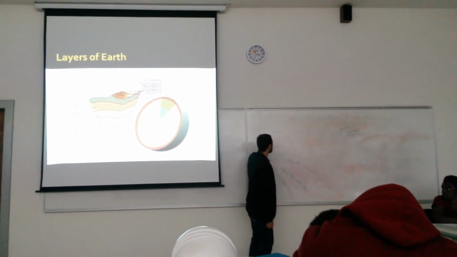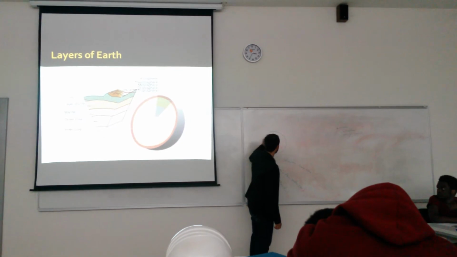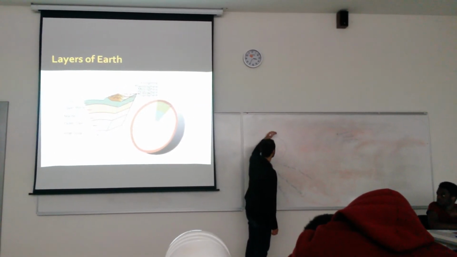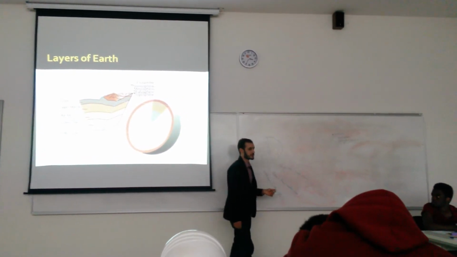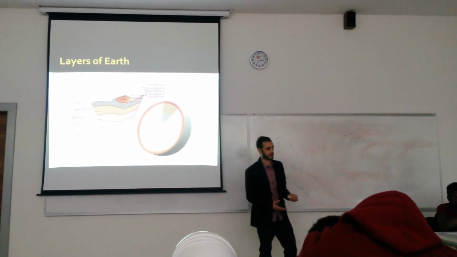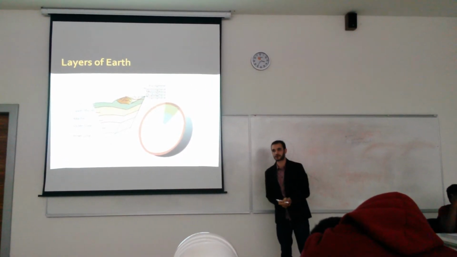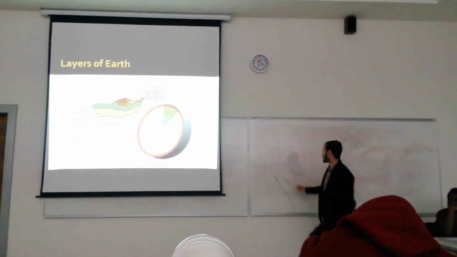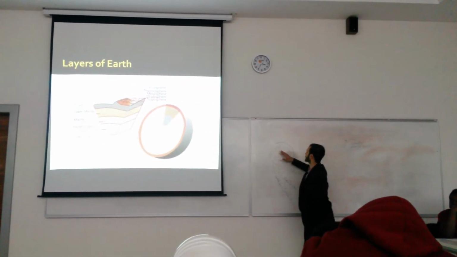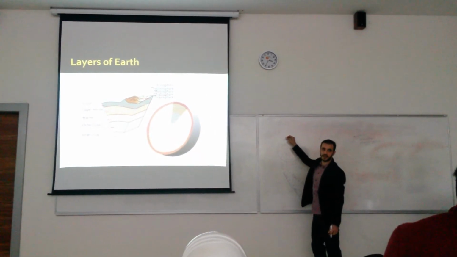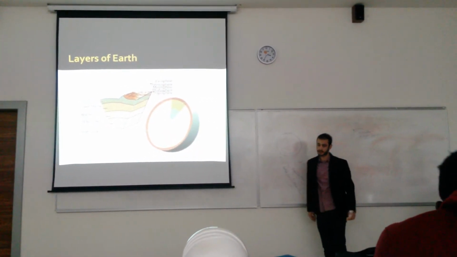Sometimes magma finds a line and comes to the surface of the earth, as a volcanic mountain or under the ocean or sea. When magma comes to the surface of the earth, we call it a volcano.